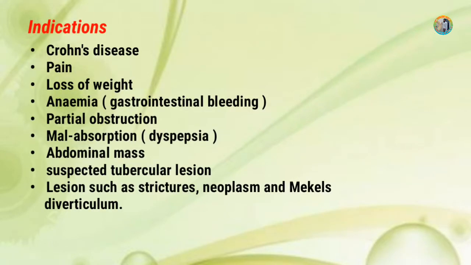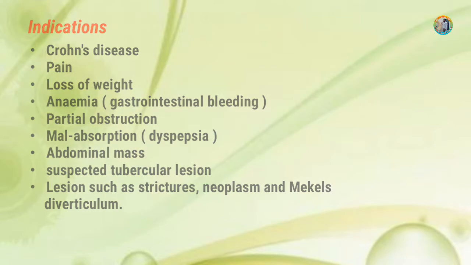The barium follow-through exam is used to diagnose the following diseases and conditions: Crohn's disease, which is most common, pain, loss of weight, anemia, gastrointestinal bleeding, partial obstruction, malabsorption, that is dyspepsia, abdominal mass, suspected tubercular lesion, and lesions such as strictures, neoplasm, and Meckel's diverticulum.